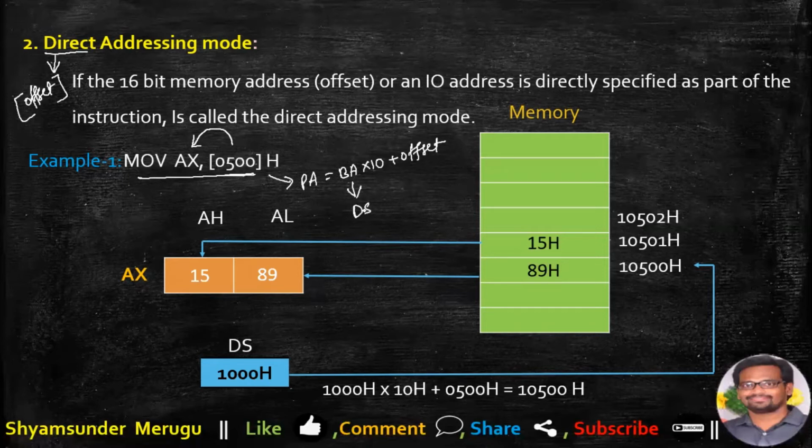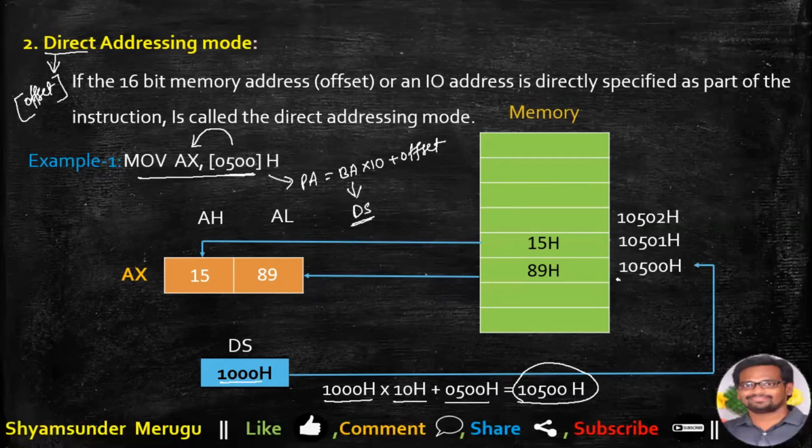Here I have taken the data segment, assuming that it contains the address 1000H. Now 1000H multiplied by 10H, and adding this offset address, I will get the physical address. Now this address will be somewhere else in the memory, pointing to a memory location.